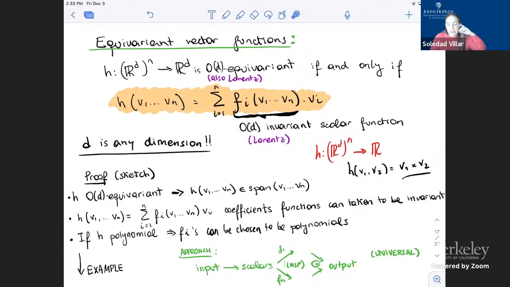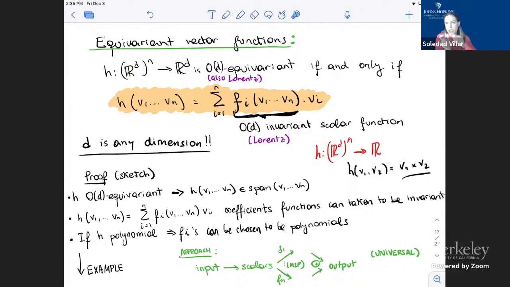And I must say that in the last 5 minutes of Maxwell's talk, he had a definition of something like these EN networks, where he wrote some functions of the distance of the pairwise vectors using graph neural networks.